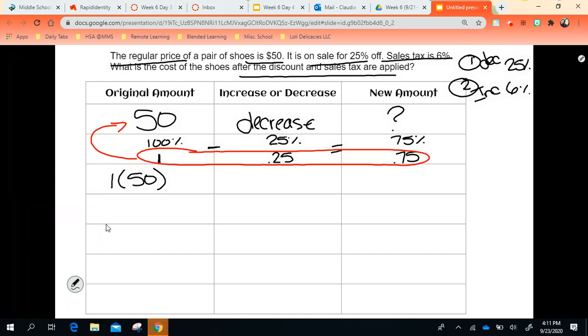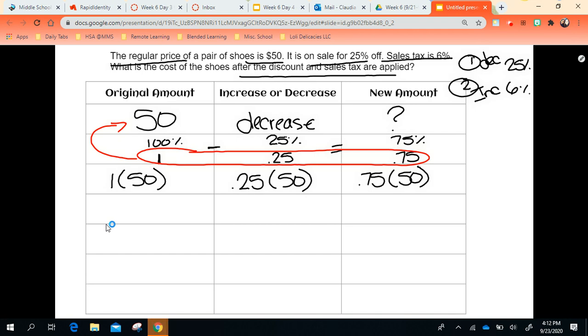We're just going to keep going. So for our second box, we have 0.25 times $50. And that would give us our discount. And finally, we're going to do 0.75 times 50.